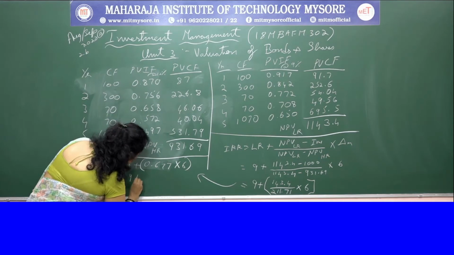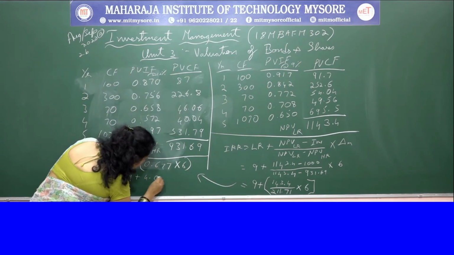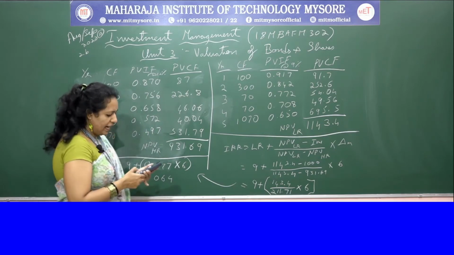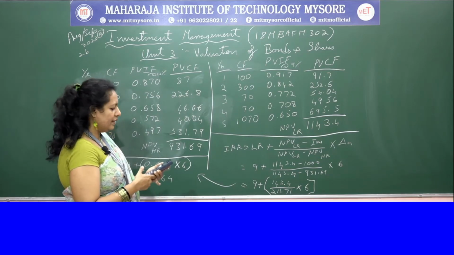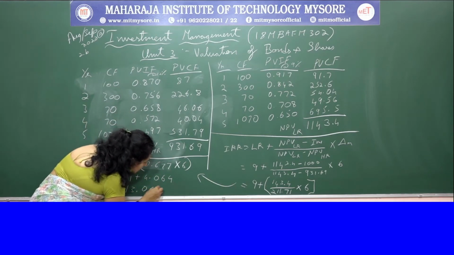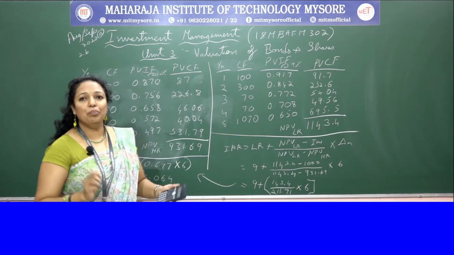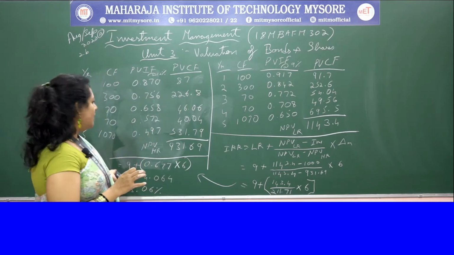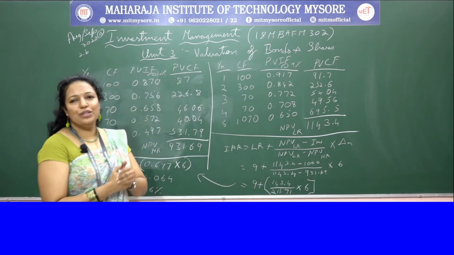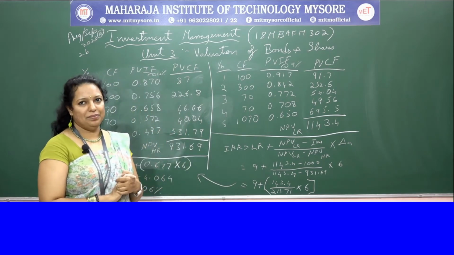So 9 plus 4.064, I'll add 9, and you get 13.06%. So 13.06% is your YTM, which we have found out using the IRR method.